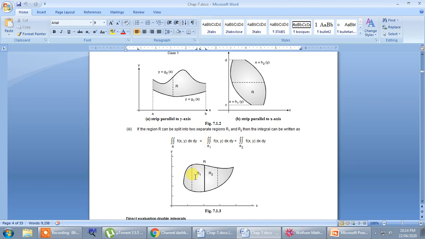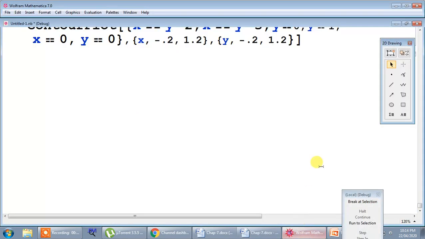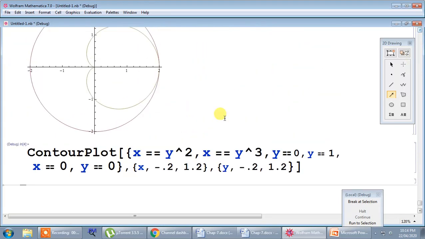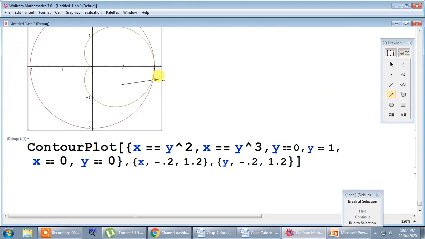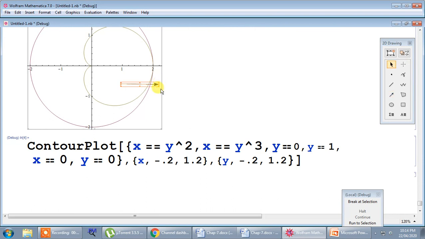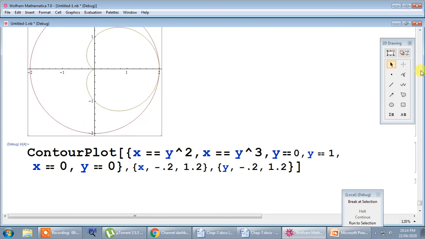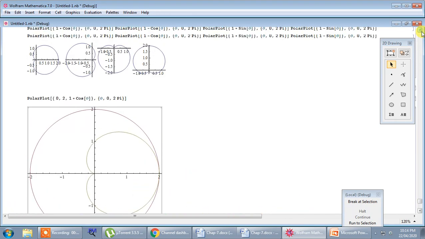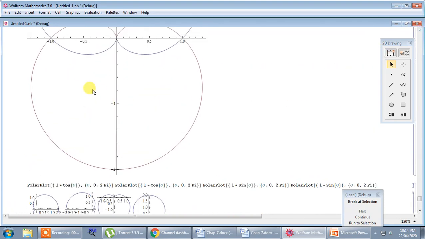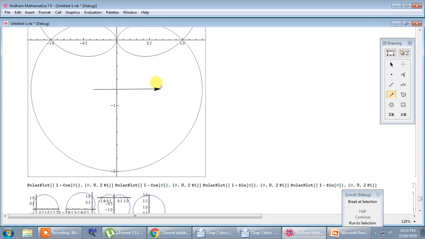So if you have a horizontal strip, then it will move in the vertical direction like this.